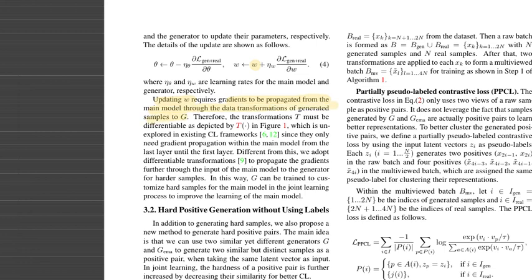Now one point here is that those two positive examples were also going through a certain transformation. These transformations have to be differentiable in order for the gradients to get past that point. To do that, they were using a library called Kornia, which provides such differentiable augmentations.